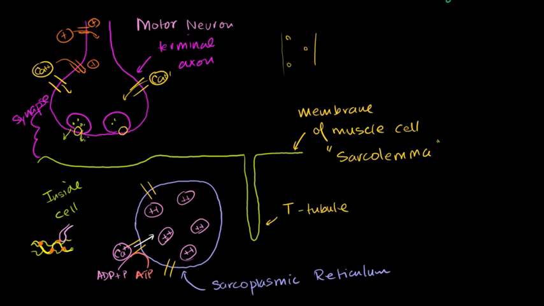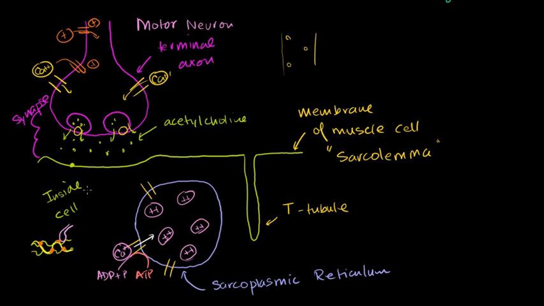This is all a review from the neuron videos. I explain in much more detail in those videos. But you have all of these neurotransmitters get dumped out. And when we're talking about the synapse between a neuron and a muscle cell, the neurotransmitter here is acetylcholine. Just like what would happen at a dendrite, the acetylcholine binds to receptors on the sarcolemma, or the membrane of the muscle cell, and that opens sodium channels on the muscle cell.